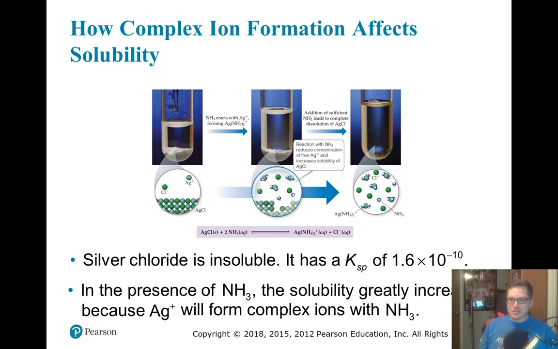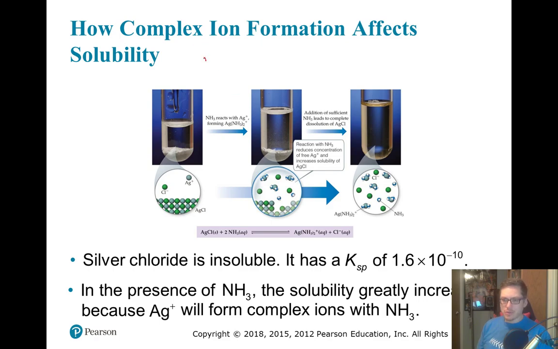All right, so how does this actually affect solubility? Okay, so say you've got silver chloride here, and look, there's your silver chloride on the bottom. Some of it's dissolved. We've got one silver, one chloride, but for the most part, it's insoluble. And then they're going to start adding a little bit of ammonia. As they add this ammonia, it'll react with the silver ions that are in solution.